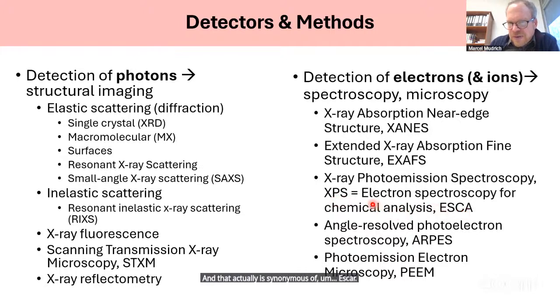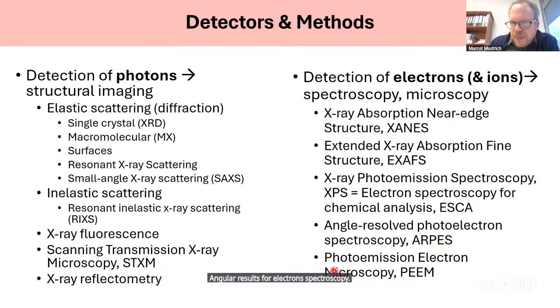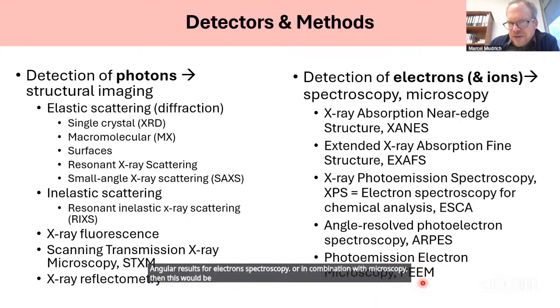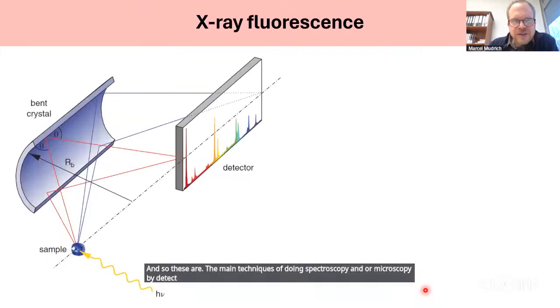ESCA stands for electron spectroscopy for chemical analysis, same thing. We can do this in an angle-resolved manner, then it would be called ARPES, angle-resolved photoelectron spectroscopy, or in combination with microscopy, then this would be photoemission electron microscopy, or PEEM. And so these are the main techniques of doing spectroscopy and or microscopy by detecting mostly electrons.